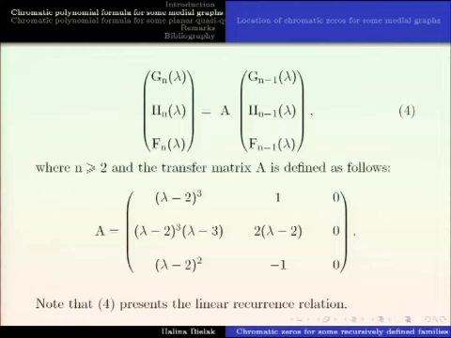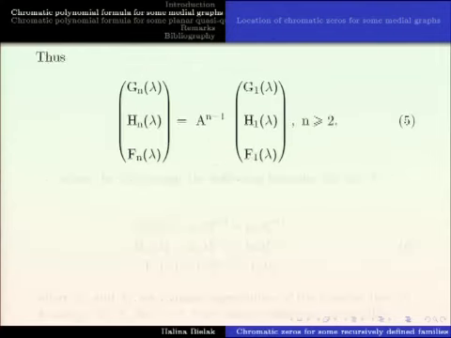So in fact, we have a linear recurrence relation at this moment, and we can count the result.